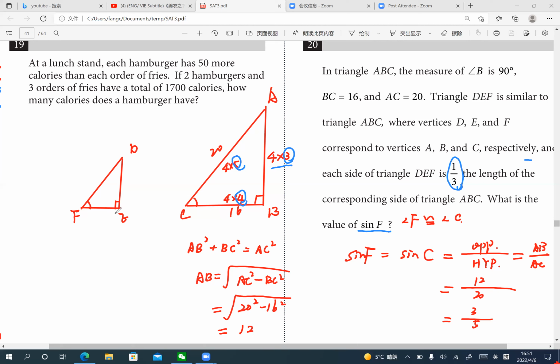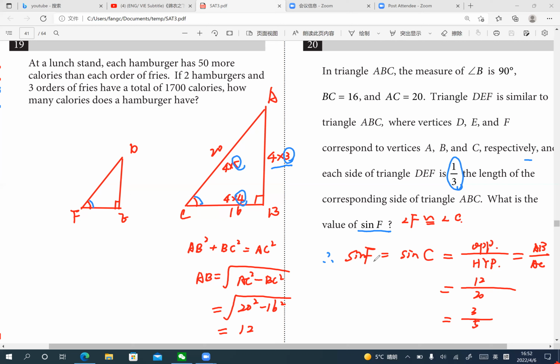Because triangle DEF and triangle ABC are similar figures, the corresponding angles are congruent. So angle F and angle C are a pair of congruent angles. So angle F is congruent to angle C.